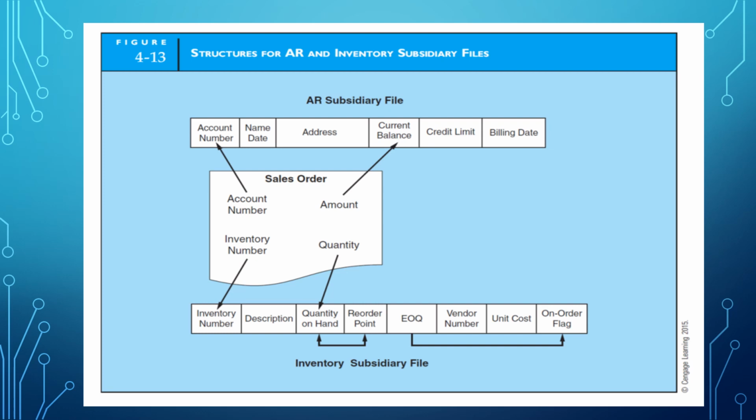It is in the accounts receivable subsidiary file, and some information comes from the inventory subsidiary files. This is what we will explain later on, how the relational database works. It brings information from multiple files and combines it in one file that we are updating.